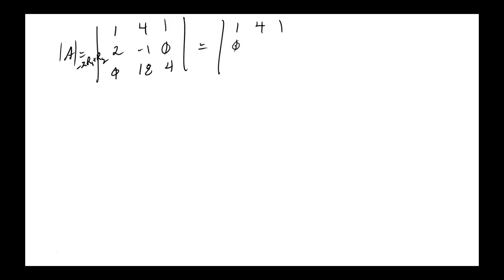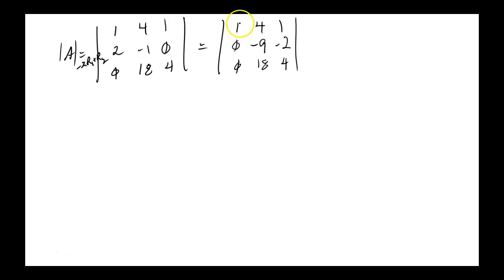0. Say again? Negative 9. Oh, I thought you said negative 1. Okay, negative 9. Negative 2, right? Okay, and then you get a 0, 18, 4. And to me, why mess with anything else?